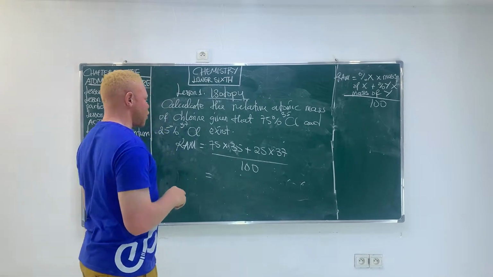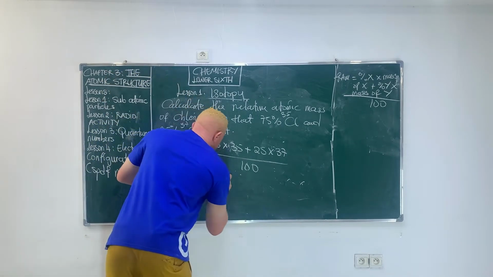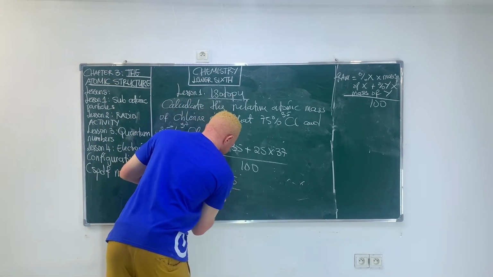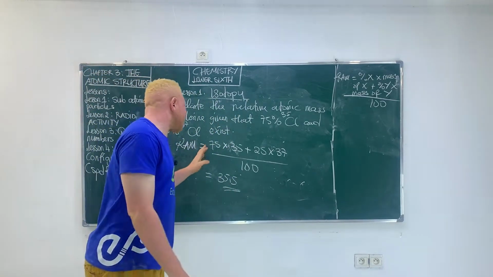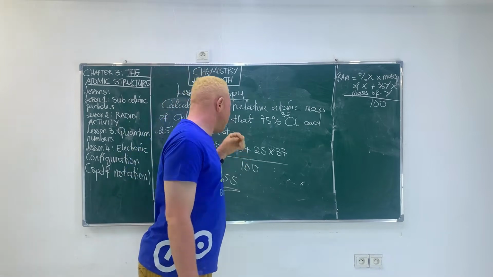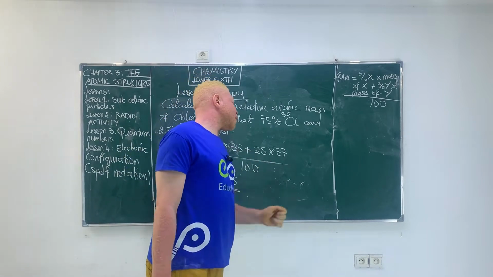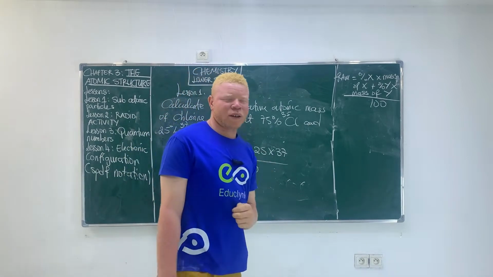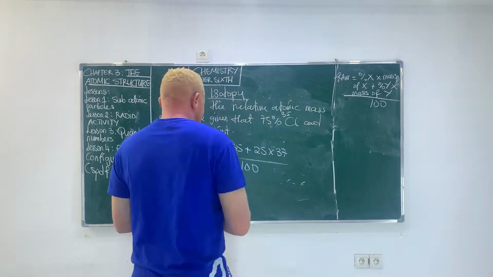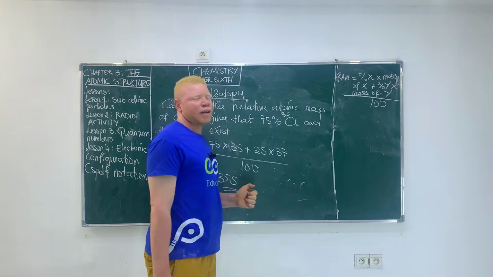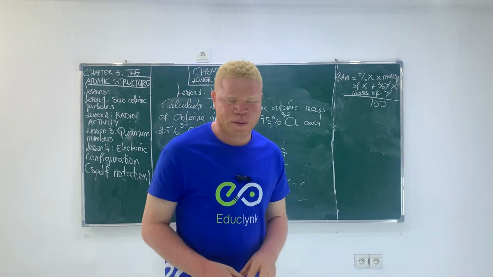You punch your calculator such that you have 75 times 35 plus 25 times 37 all over 100. So the answer is equal to 35.5 for chlorine.